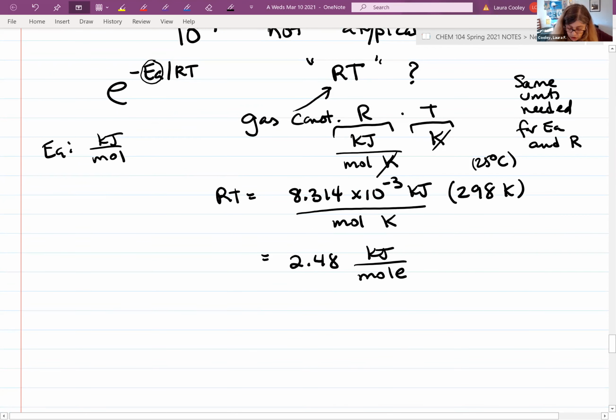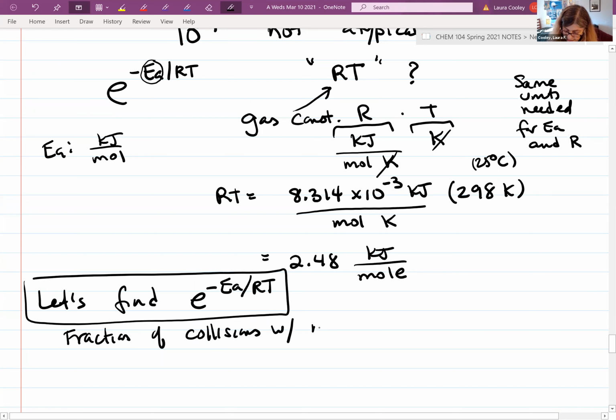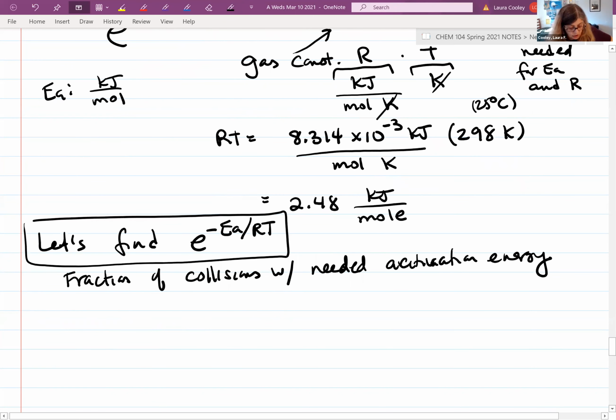So now what I'd like to do is two different calculations. Let's find this e to the minus EA over RT, okay? This is the fraction of collisions with the needed activation energy. And let's do it for two different situations.